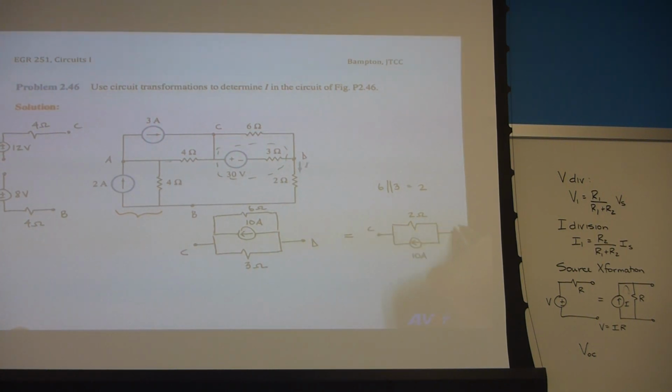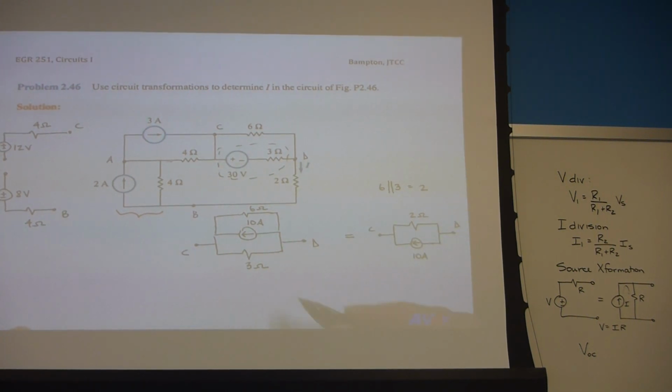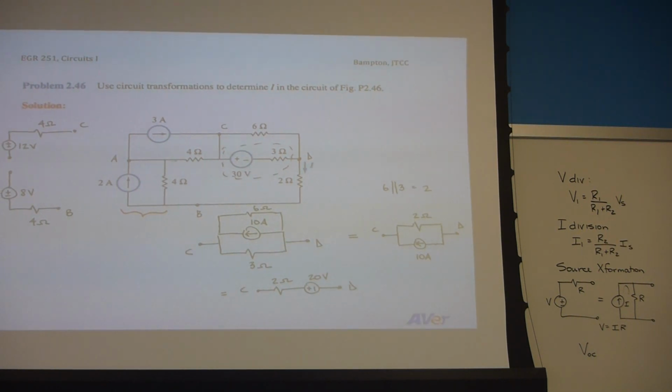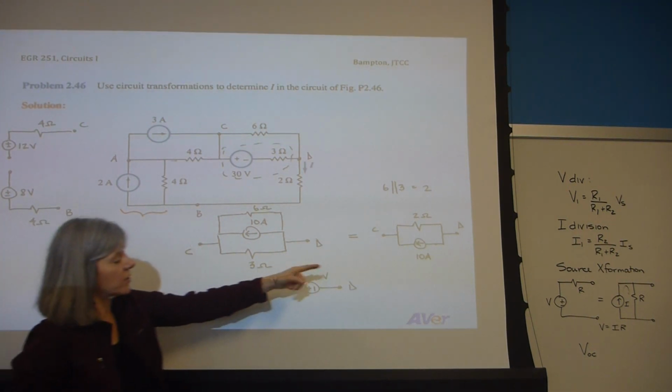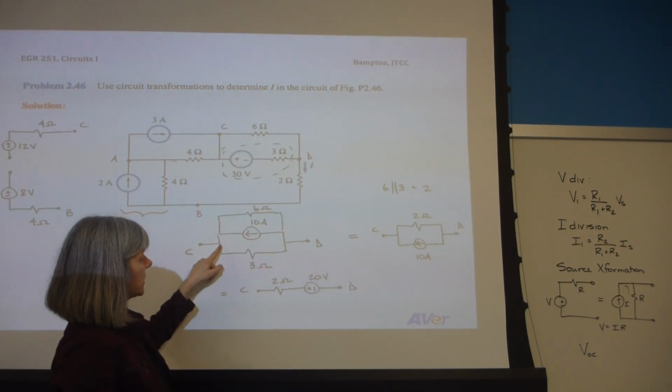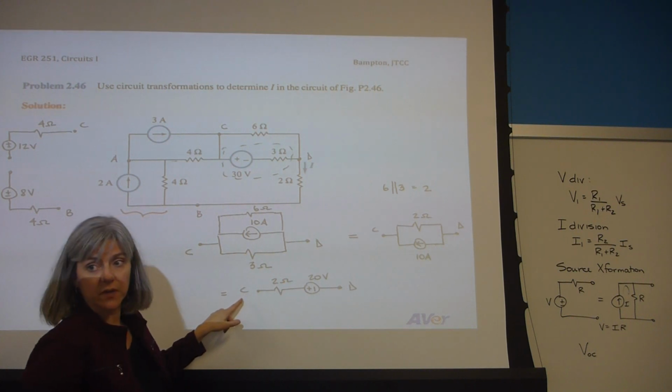C and D. The resistance stays the same. V equals IR in that direction. And it's in that direction because the current is going, when we did it, from D to C. So that means the voltage is rising from D to C.